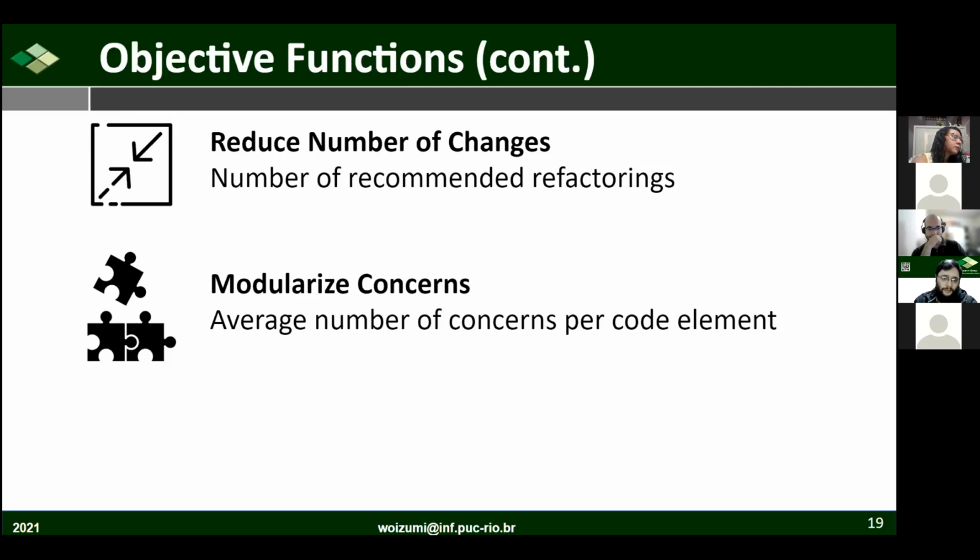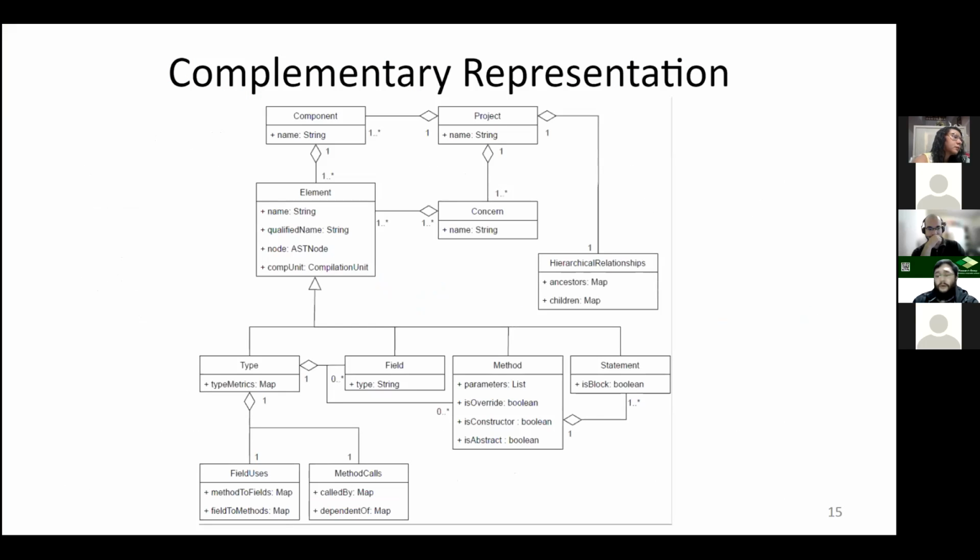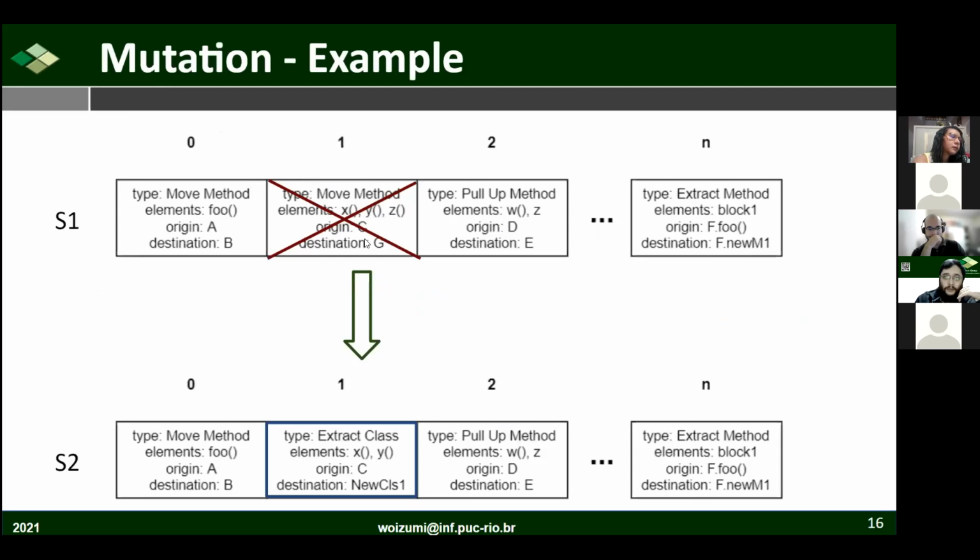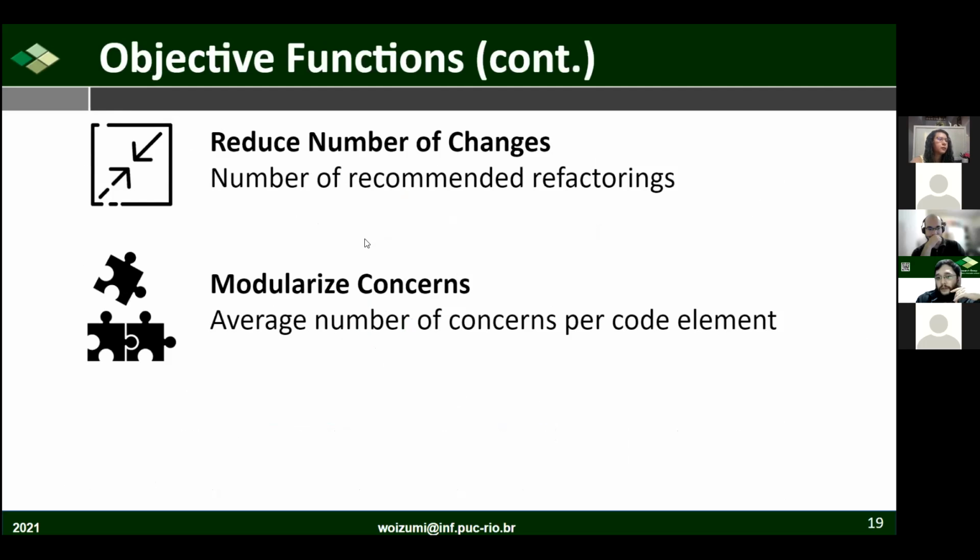I forgot to mention when I was explaining the model, but we are also working on the use of existing techniques for automatically detecting which concerns are implemented in each code element. So the idea is to identify, for example, code elements that have a lot of concerns, and with the modularization of concerns objective, we intend to identify solutions that are able to better modularize the concerns, for example, removing multiple concerns from an overloaded element.